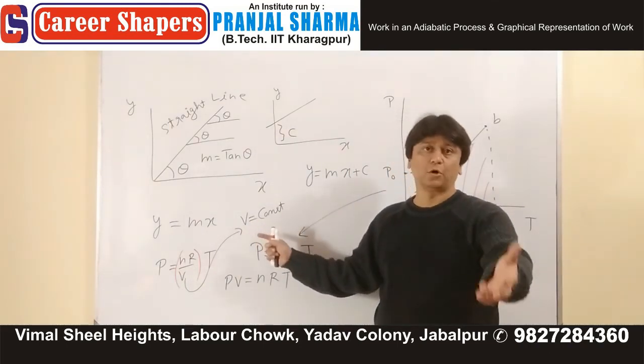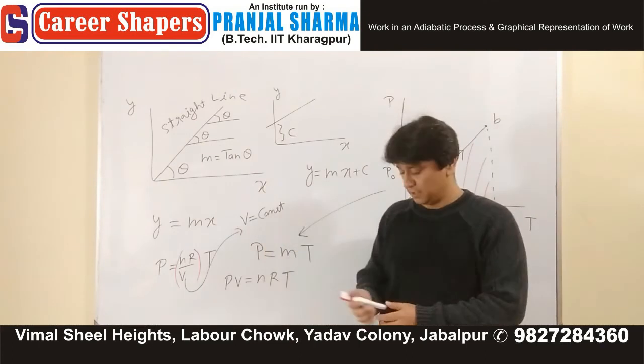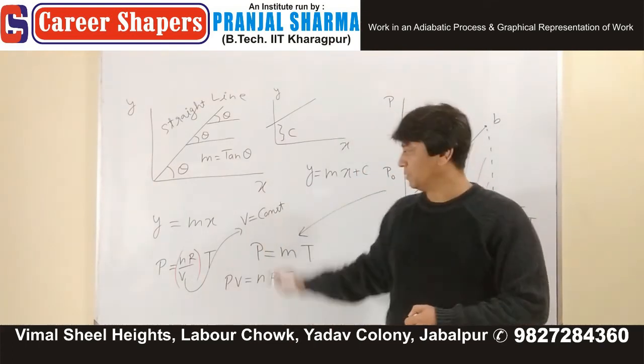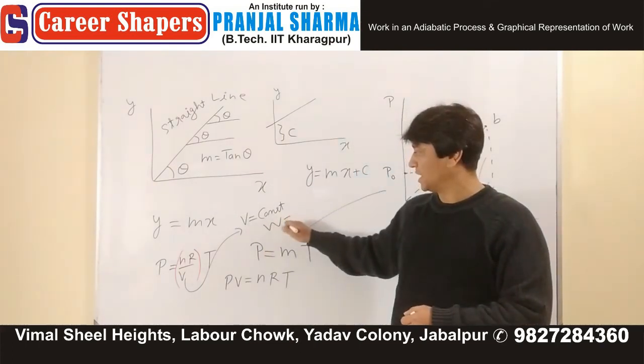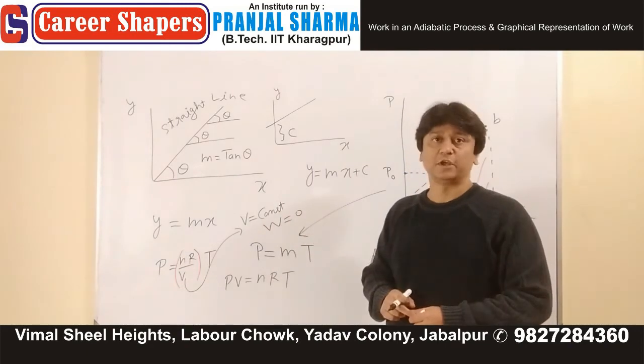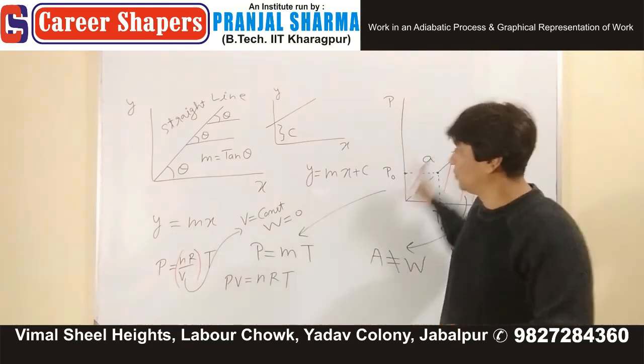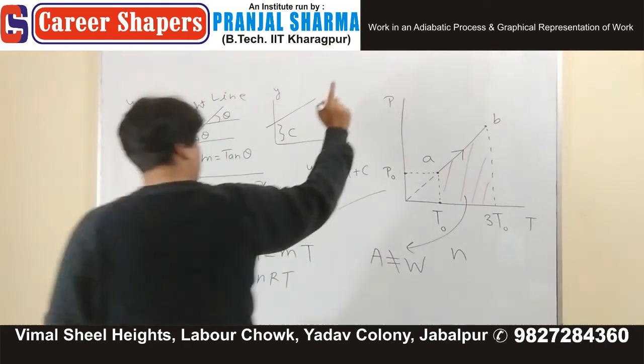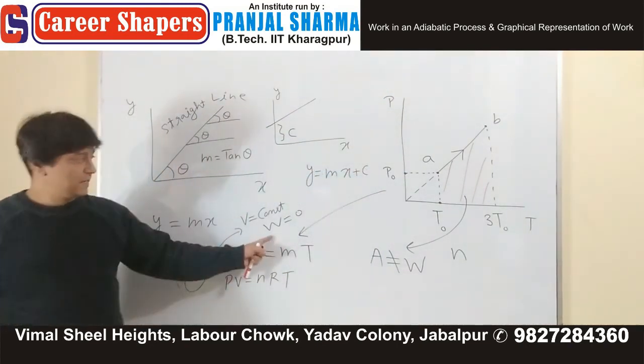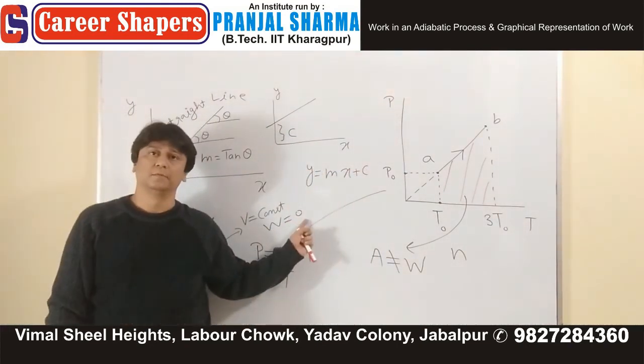And if it is isochoric, volume is constant, so the work done should be 0. Therefore work done for this process is 0.